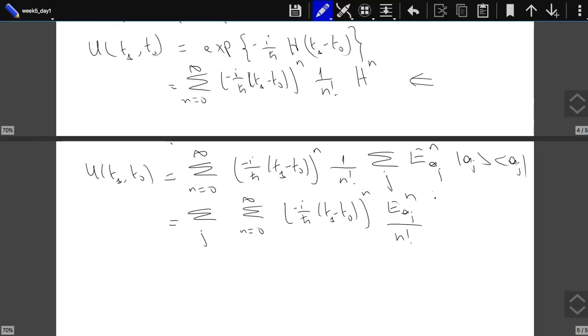We also wanted two successive time evolutions to be a single time evolution. In fact, this property alone tells me that it should be an exponential, because the product of two exponentials is itself an exponential. And no time evolution is no change in state, so it should be identity.